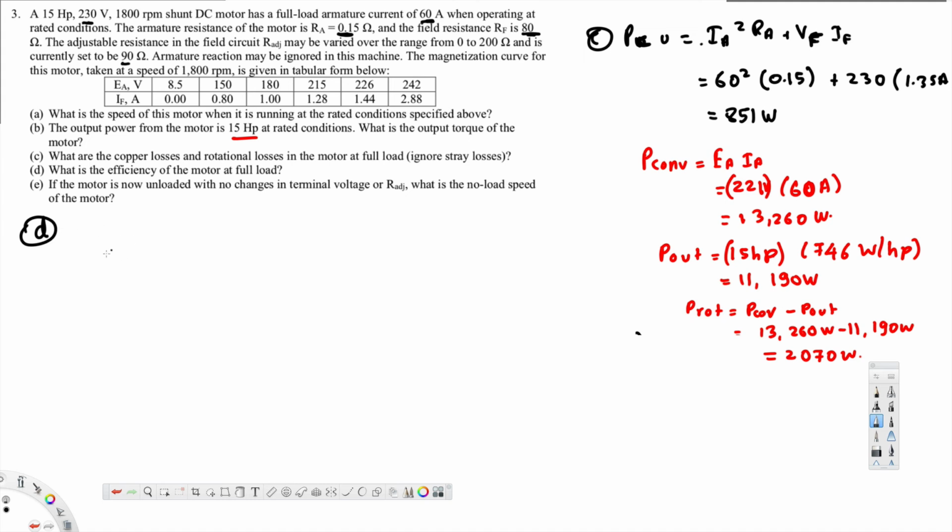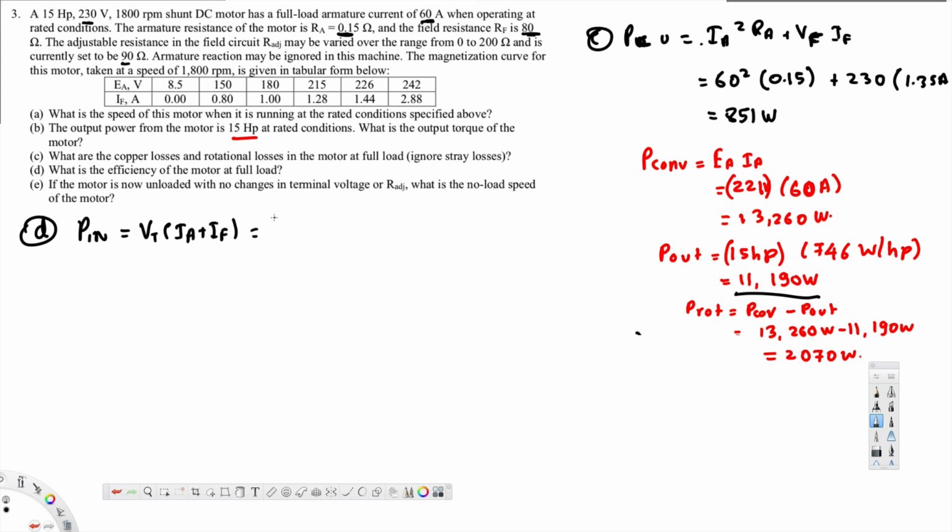Now let's look at the D part. D part is asking for the efficiency of the motor at full load. For this one, first we have to find out the input power. We already know the output power, that is 11,190. We have to calculate the input power, so we can find out the efficiency. To find out the input power, this is the formula: Vt times Ia plus If.